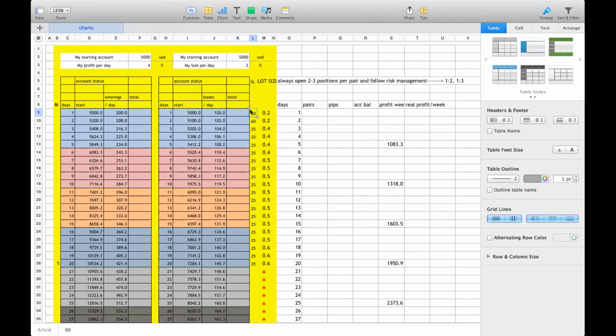Before you enter a trade, you know what your stop loss is going to be. Let's say I have a 30 pip stop loss. Now watch lot size right here. Once I hit enter, it's literally telling me that if I want to risk 2% on a 30 pip stop loss, my lot size should be 0.30. It's also telling me that to gain 4%, it's $200. My winnings that day, or on that trade, should be $200.